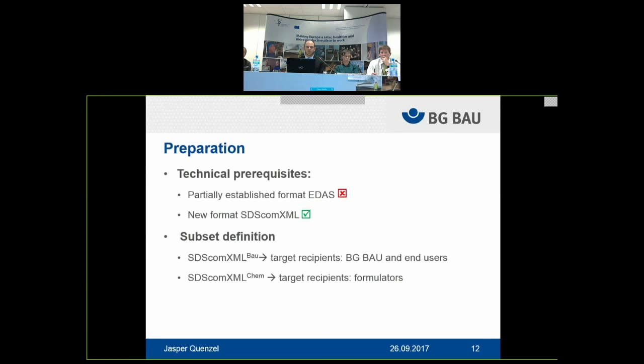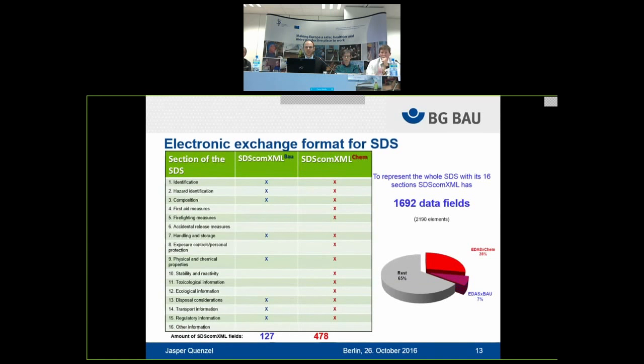Here you can see that we decided for SDS-COM XML. This slide shows the differences in the content of the two subsets. As you can see on the right side, the whole safety data sheet contains about 1,700 data fields. And for SDS-COM XML BAU, we only needed 127 data fields to transport all the data that we needed.